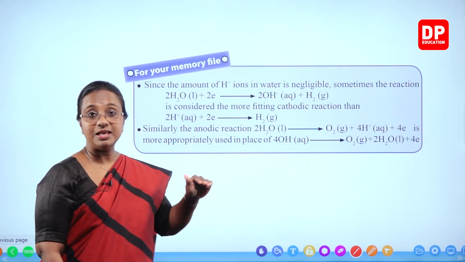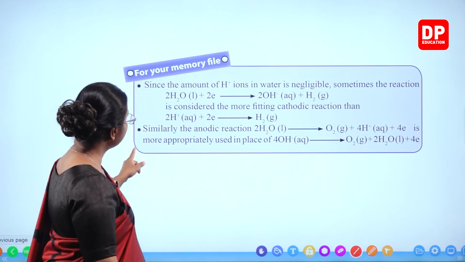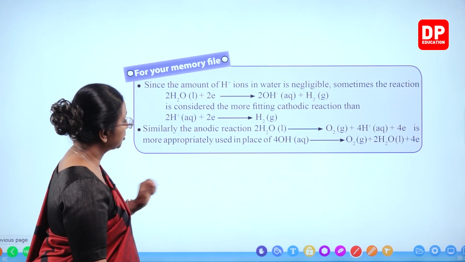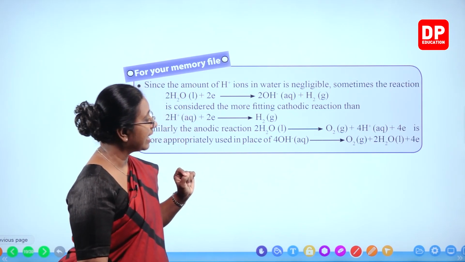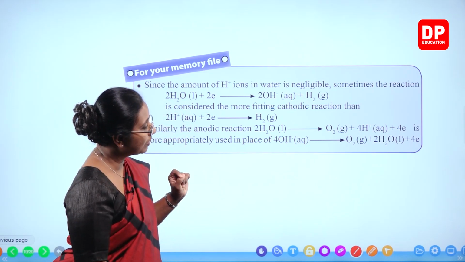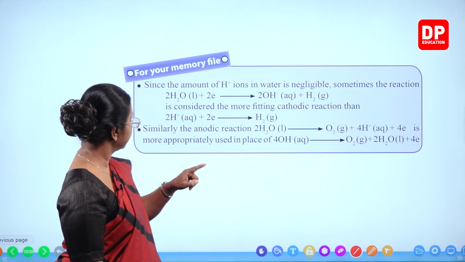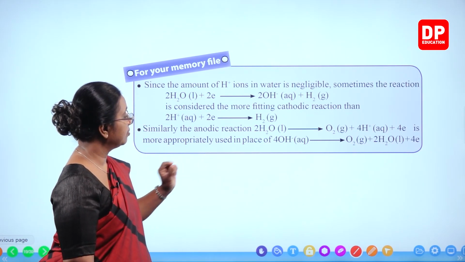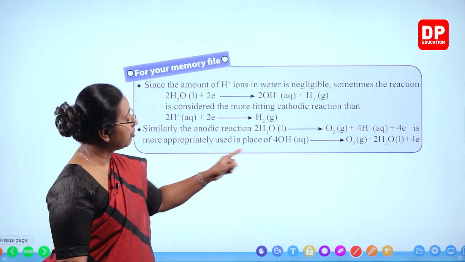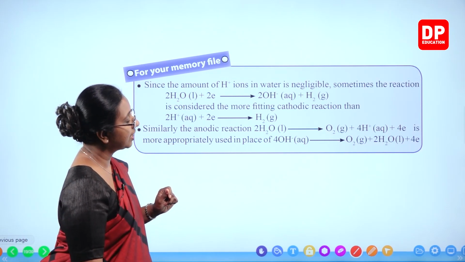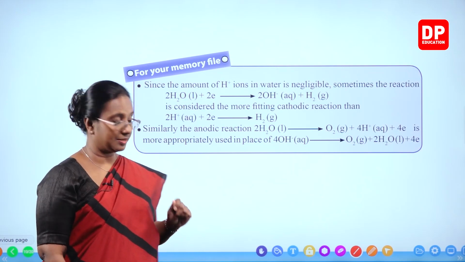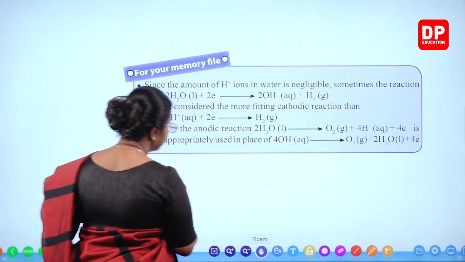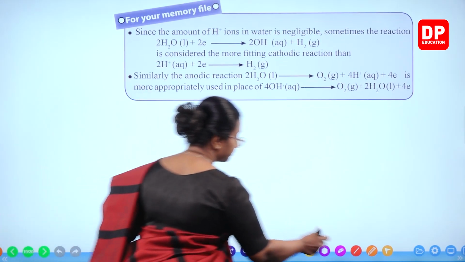I will read everything and explain to you all. Similarly, the anodic reaction 2H2O liquid giving rise to O2 gas and 4H plus aqueous plus 4 electrons is more appropriately used in place of 4OH minus aqueous giving rise to O2 gas, 2H2O liquid and 4 electrons. Now you can remember these two equations, students.